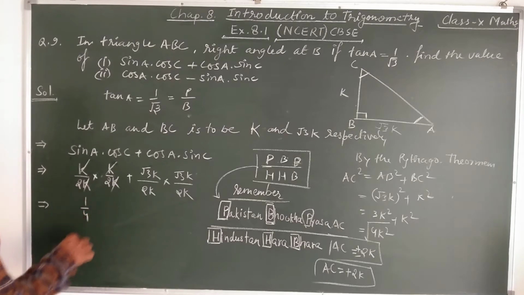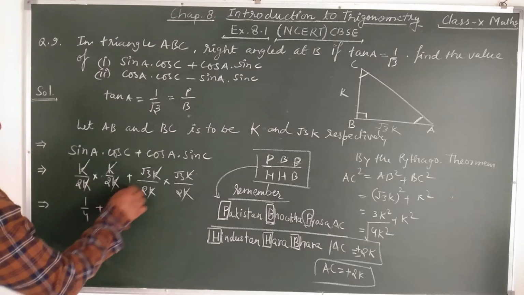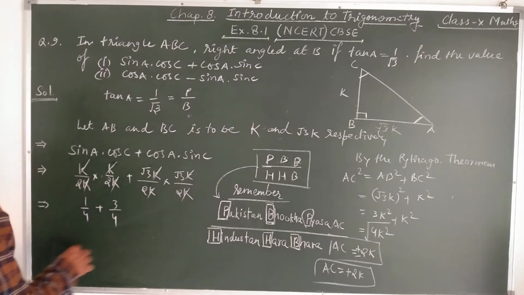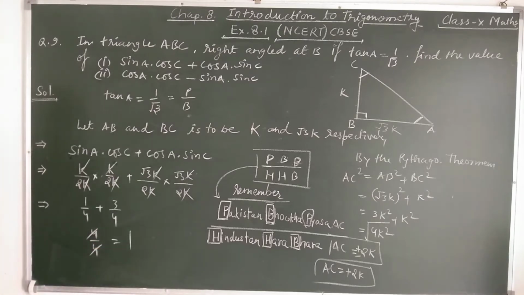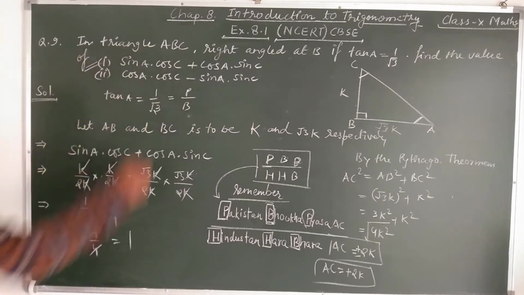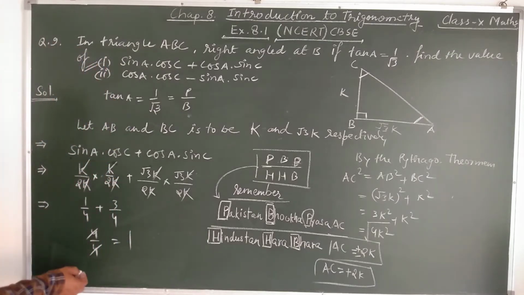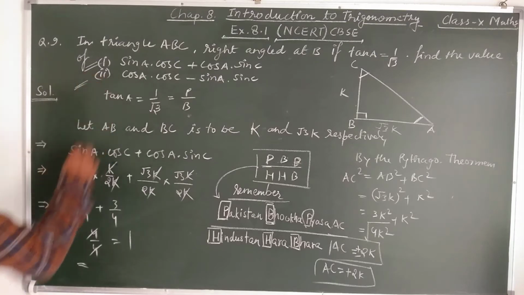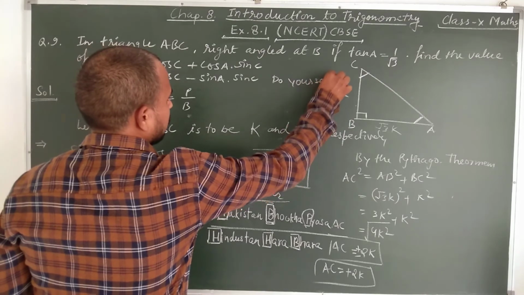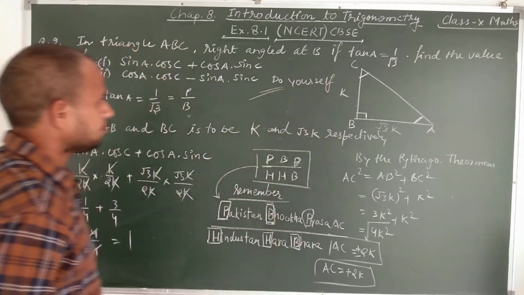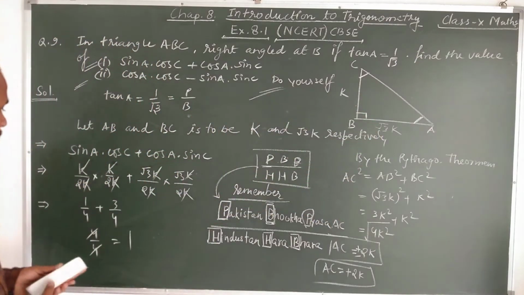So 1 upon 4 plus, root 3 into root 3 means 3, and 2 squared is 4. So the answer is 4 upon 4, finally 1. So the first part is complete, and the next part you do yourself by this triangle.